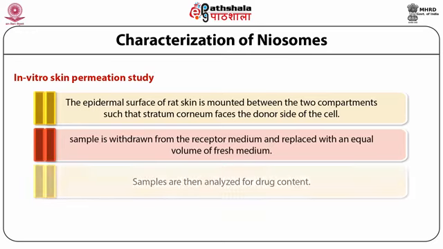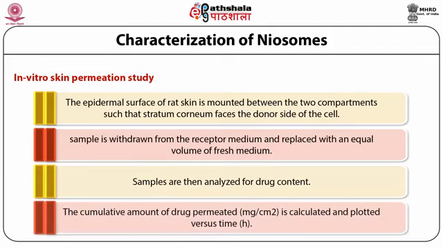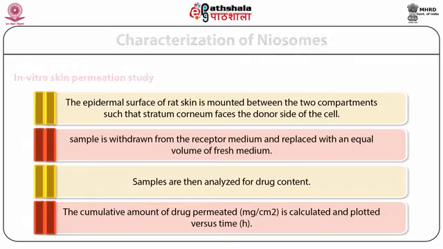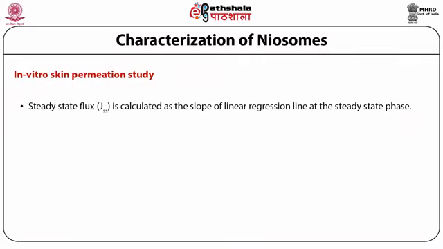The sample is withdrawn from the receptor medium and is replaced with an equal volume of fresh medium. Samples are then analyzed for the drug content, and the cumulative amount of drug permeated, that is milligram per centimeter square, is calculated and plotted against time reported in hours. Then steady state flux, that is JSS, is calculated as the slope of the linear regressed line at the steady state phase.